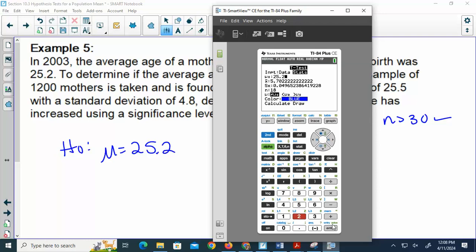The mean of the null is 25.2. X bar means what? The mean of the sample, which was 25.5. S is the standard deviation of our sample, which was 4.8.